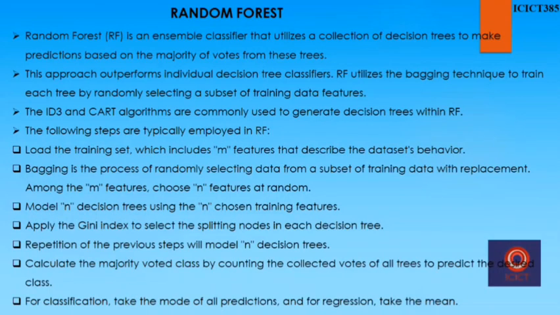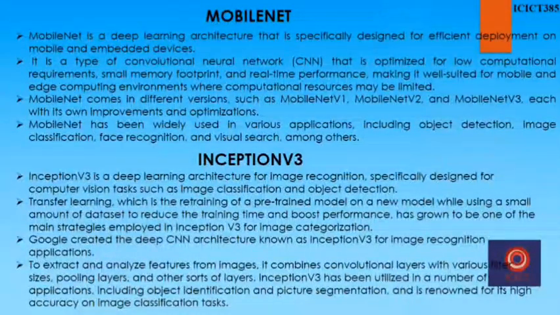As we move to the next, MobileNet. MobileNet is a deep learning architecture that is specifically designed for efficient deployment on mobile and embedded devices. It is a type of convolutional neural network, known as CNN, that is optimized for low computational requirements and small memory footprint, and its real-time performance makes it well suited for mobile and edge computing environments.